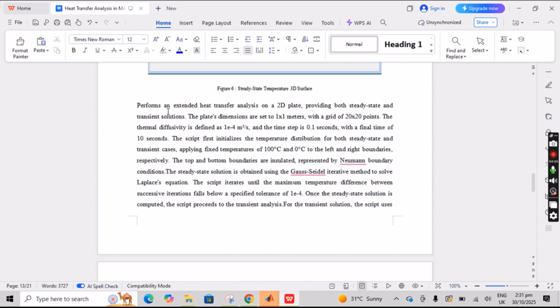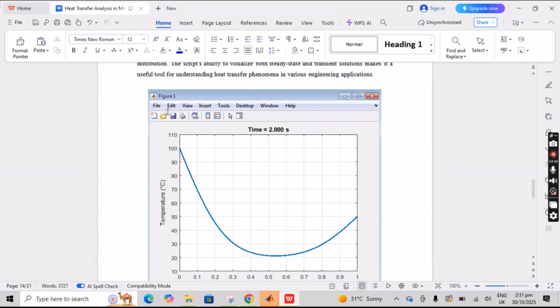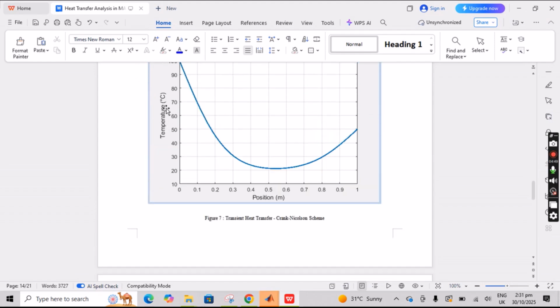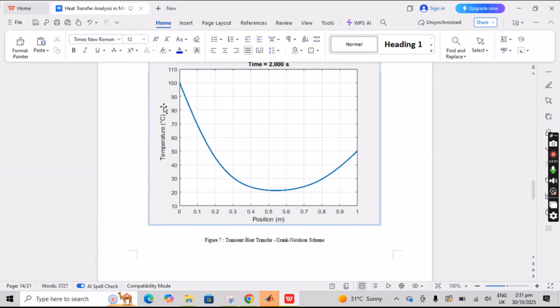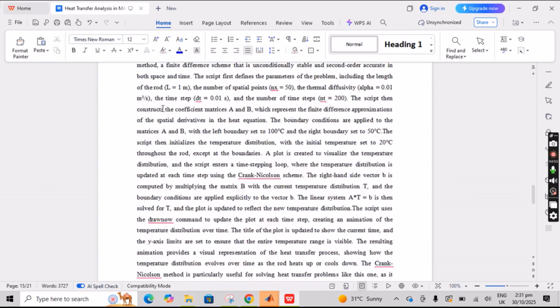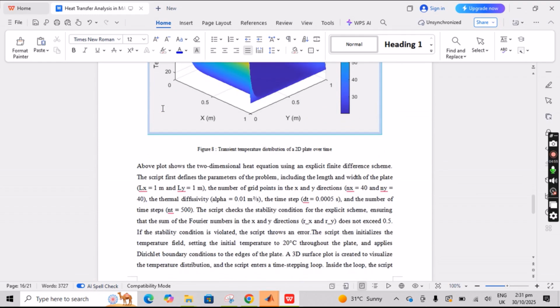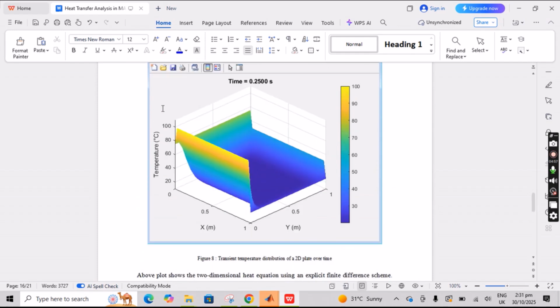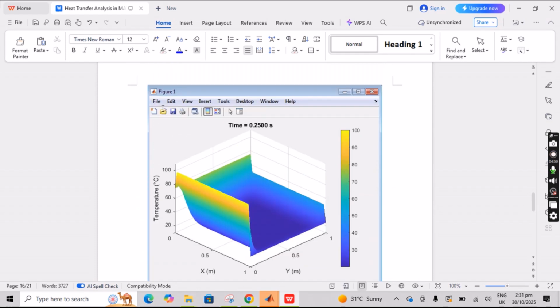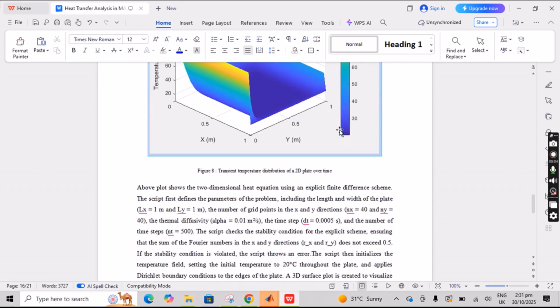Steady state temperature distribution. Okay, this is basically transient heat transfer with the Crank-Nicolson scheme. Yes, this is the transient temperature distribution for a 2D plate over time, at 0.25 second.